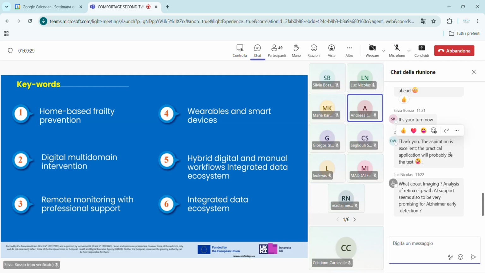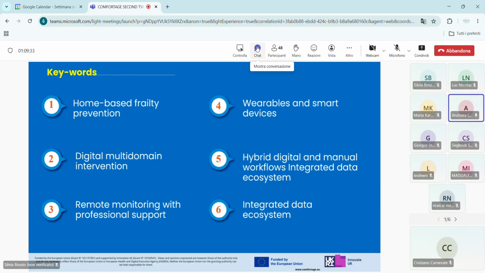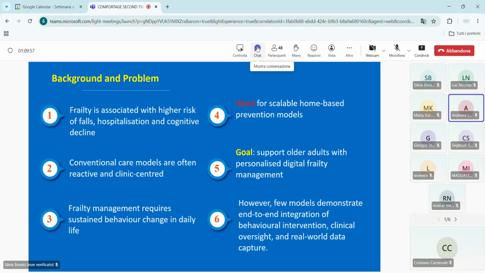At its core, Pilot 9 sits at the intersection of 6 ideas: home-based frailty prevention, digital multi-domain interventions, remote monitoring with professional support, which is enabled by wearables and smart devices, hybrid workflows, and integrated data ecosystems that tie it all together. Next slide, please.